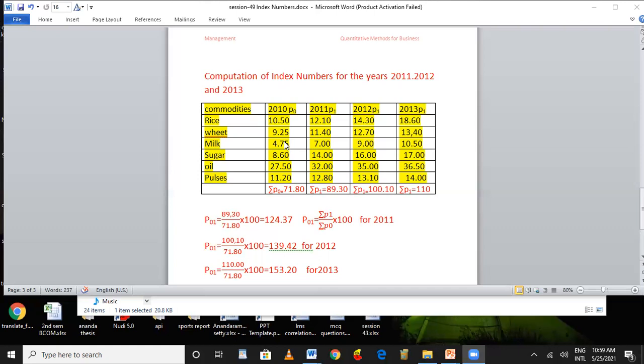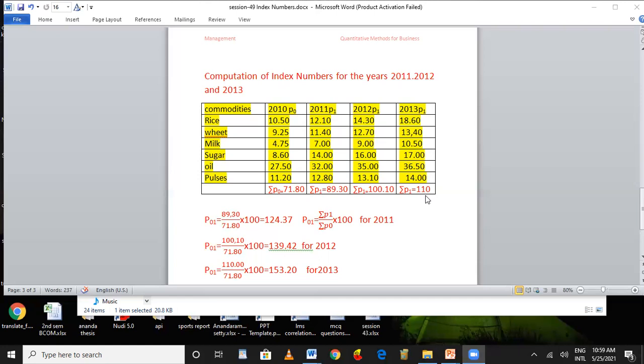They are asking to calculate the index number by taking 2010 as the base year. For 2011, 2010 is the base year. For 2012, the base year is 2010. For 2013 also, the base year is 2010. Now, you have to get the total.